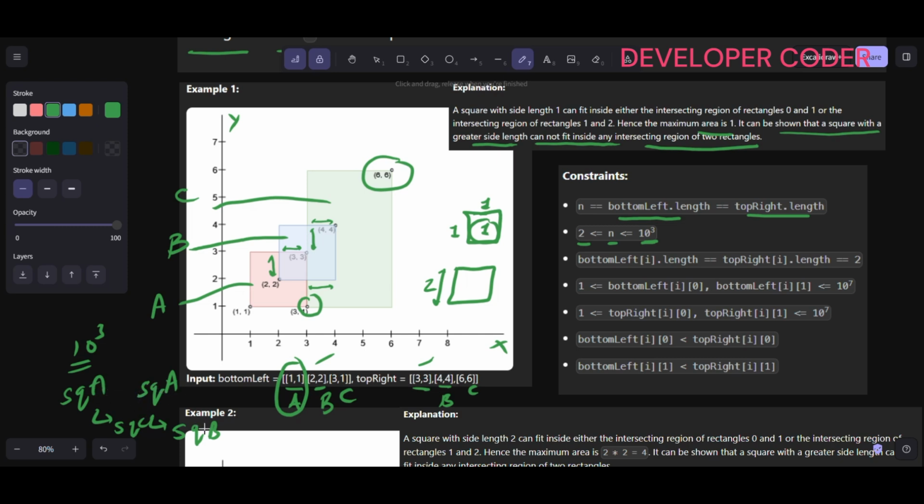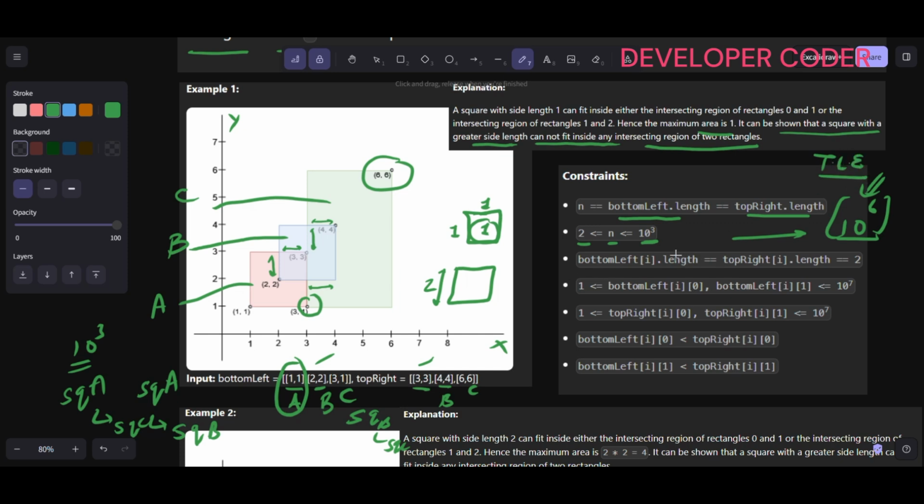Here if square A and B are intersecting, find the max area. Next time I pick square B and compare with square C, and that's it. So I can run nested loops. If I run the nested loops, this is going to take 10 to the power 6 operations, and this many operations will not give you a time limit exceeded error.